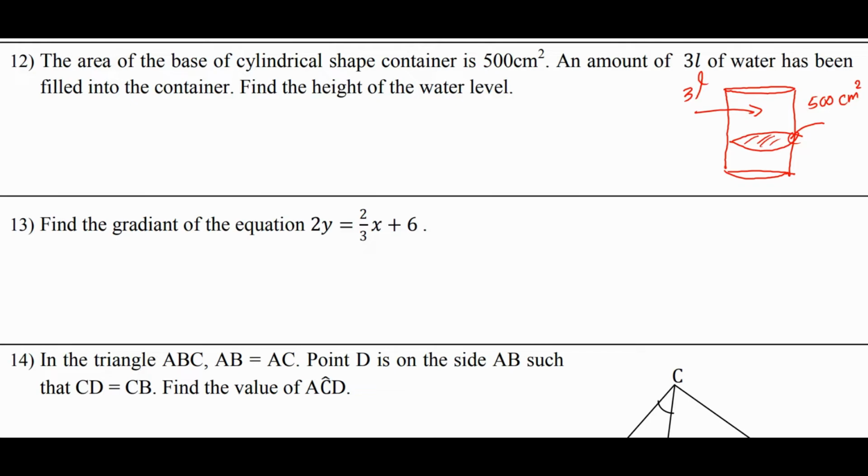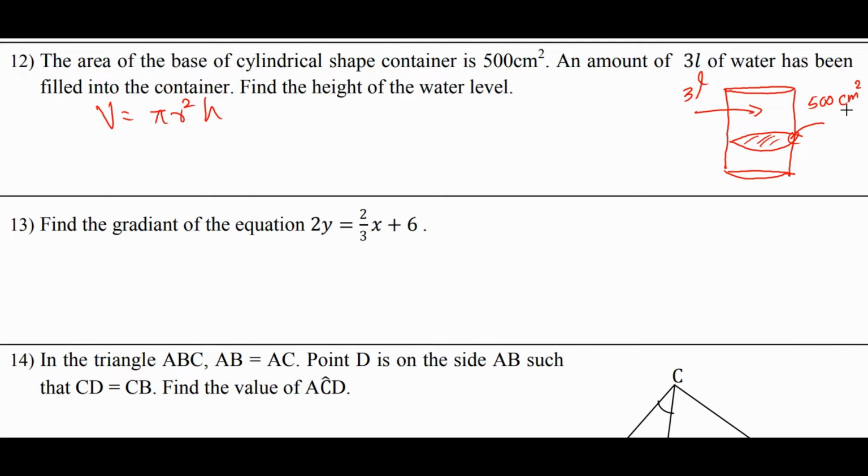We are asking about the height of the water level when the container is filled. Right, this is a volume question. Then we can use V equals pi r squared h, but here V is given in liters, but the cross sectional area is given in square centimeters.